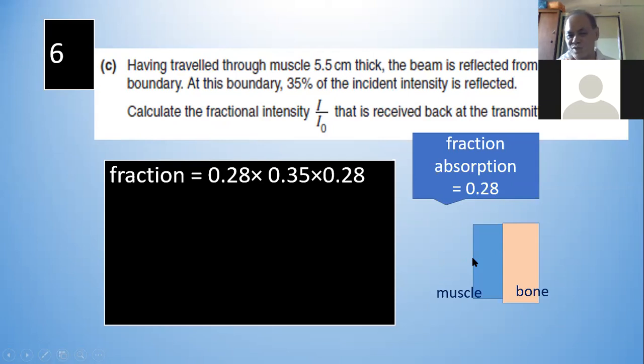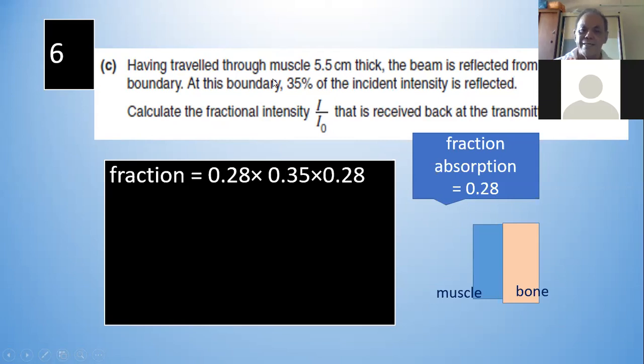Usually they won't tell you, you have to assume there's a gel there, and then it goes straight through, no loss. As it goes through the medium, it is absorbed. That's why we calculate this one, the fraction absorbed. And at the bone and muscle boundary it is reflected back. Then it is absorbed again. So that's why we have two absorption coefficients, and then there's one reflection.